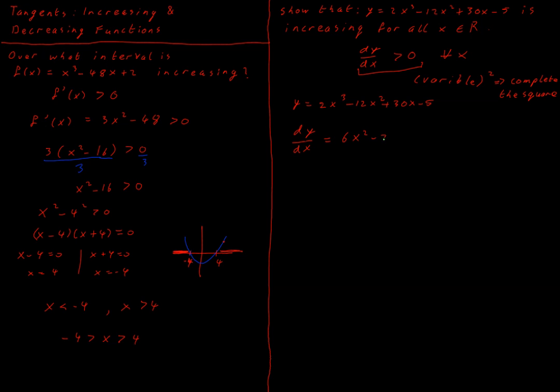So dy/dx is 6x squared minus 24x plus 30. And we want to know that this is always greater than 0. And again, the method we are almost always going to use for this is to get stuff inside the bracket squared, which almost always means that we'll use complete the square.